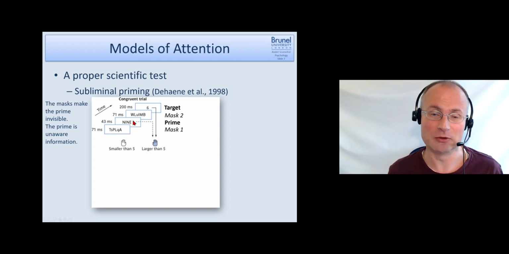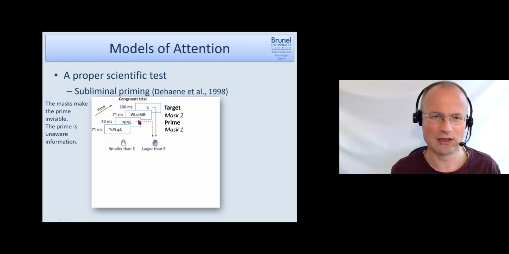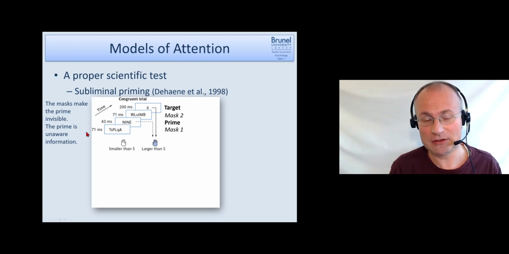But it is possible to use masks to make the prime stimulus basically invisible. And I have seen it myself, that you could see that possibly something was flickering a little bit, but no chance to identify what you have seen. Okay, so this is one condition.